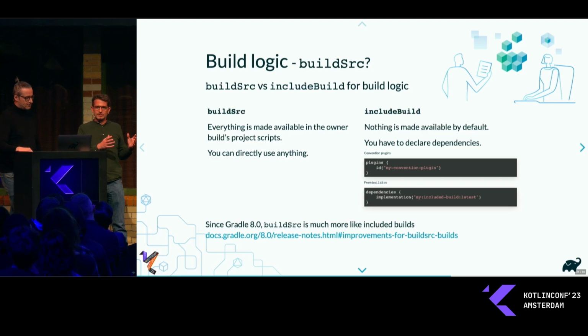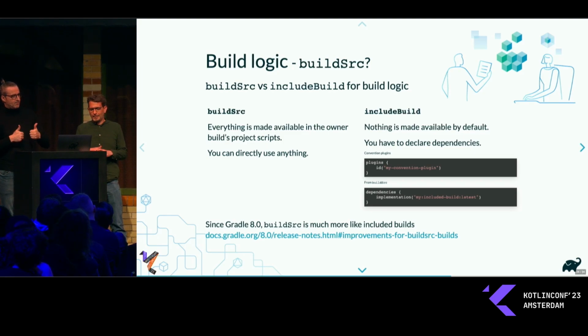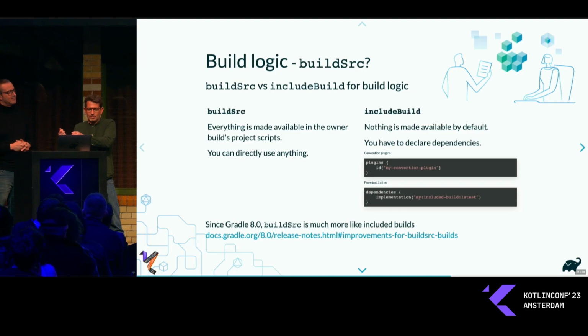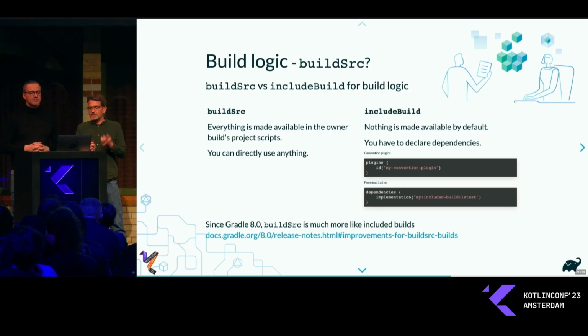So with BuildSrc, all the code that is there is made available to all your project scripts, and you can directly use anything. So if you put a KT file with a const, you can use it in your script. Whereas with included builds, you declare an included build for your build logic, and nothing is made available by default. You would then have to declare dependencies, and there are two ways to do that.